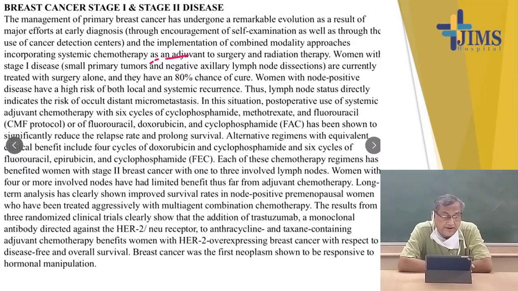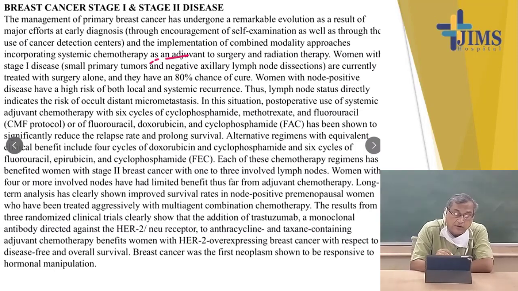Women with stage 1 disease, small primary tumors and negative axillary lymph node dissection are currently treated with surgery alone, and they have an 80% chance of cure. Women with node-positive disease have a high risk of both local and systemic recurrence. Thus, lymph node status directly indicates the risk of occult distant micrometastasis.